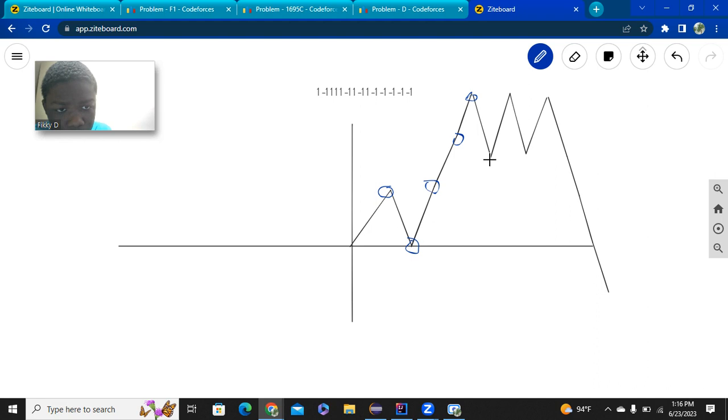These are the rough points, I guess. These are where the ones and the negative ones are. You increment by one, then you go down, whatever, right?